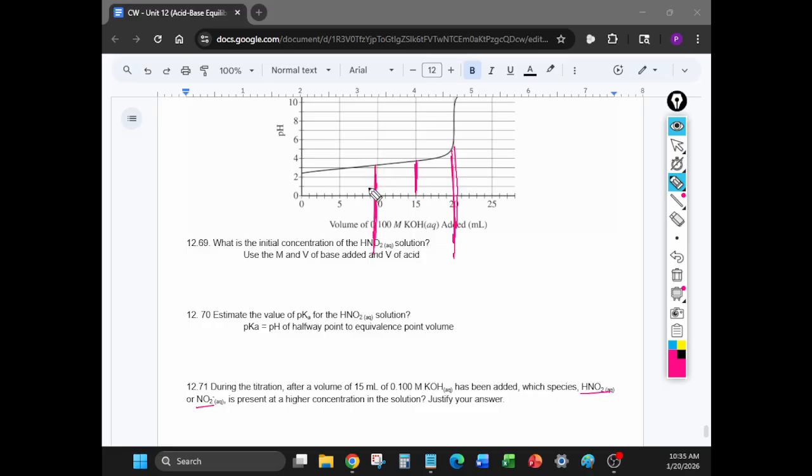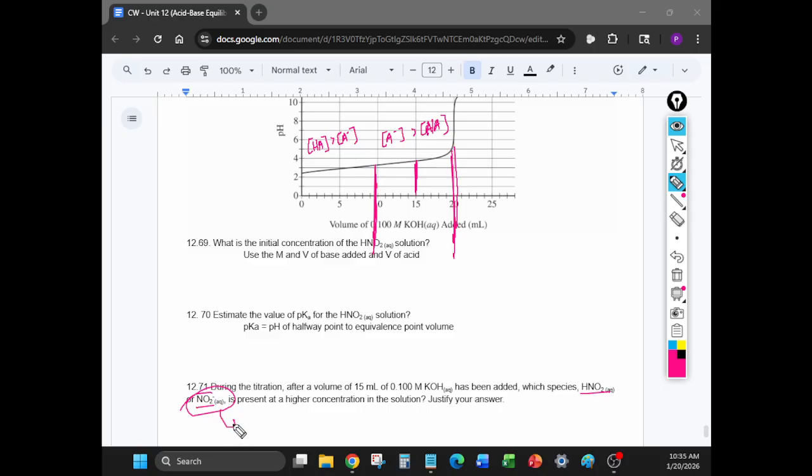We said that before halfway equivalence point, we are going to have more acid than our conjugate base, because the base is still neutralizing the acid. But once you get past halfway equivalence point, you are going to have more conjugate base than you have your weak acid. And if you look at 15 milliliters, it is past halfway equivalence point, so you would say that you'll have more NO2 minus.